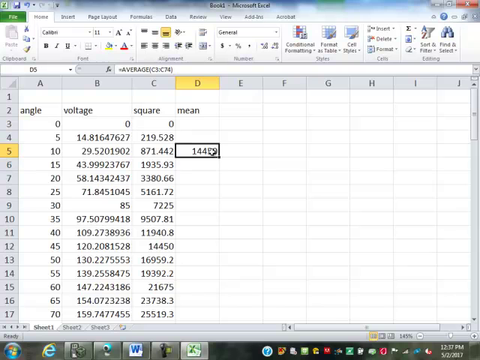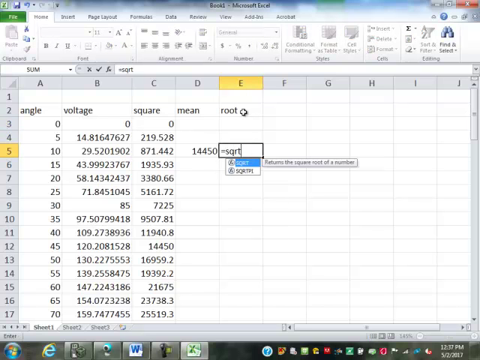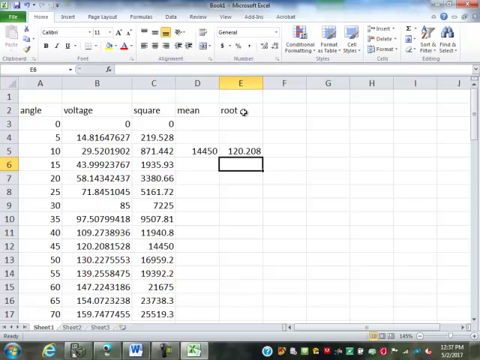That gives me a mean of 14,400, so that's the mean. Now the root: we get 120.208. So you can see that actually does work out to 120 volts. I don't know if that makes any sense. We say it's the root of the mean of the square, so if we do the calculation, you have to do it backwards. You square each voltage first, find the mean, then do the root of that mean. But that's where it comes from. If you average them all out, it's 120.2 volts.